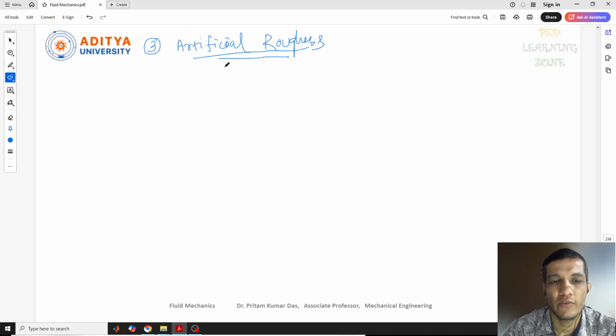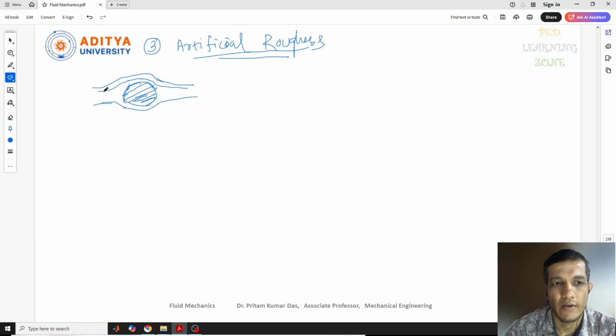The artificial roughness will be created in a body if it is very smooth. Now suppose a smooth ball is there, as I showed you previously. When the fluid flows, it won't obstruct anything, it will just move and a wake will be formed here.